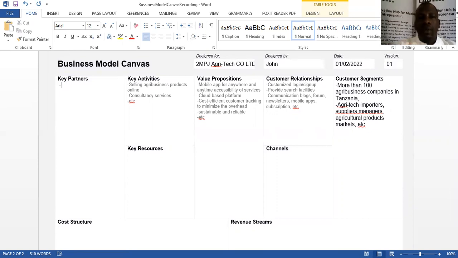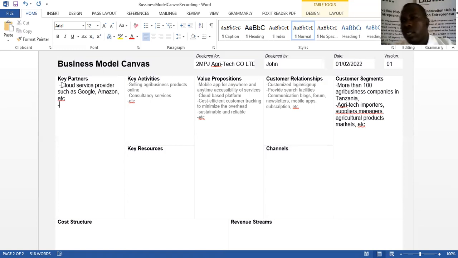For example, because this will be cloud-based, we expect to have a cloud service provider, such as Google, Amazon, or any other cloud-based service.